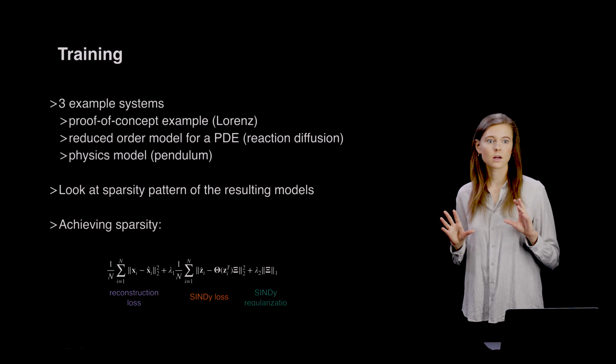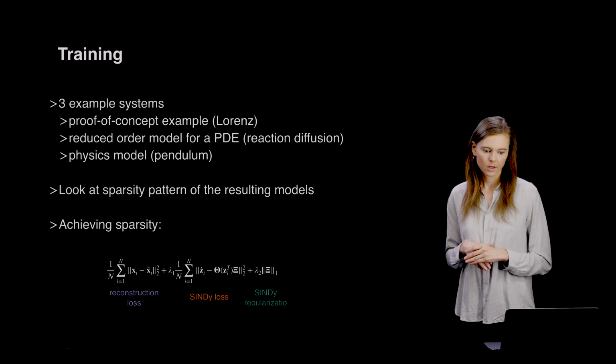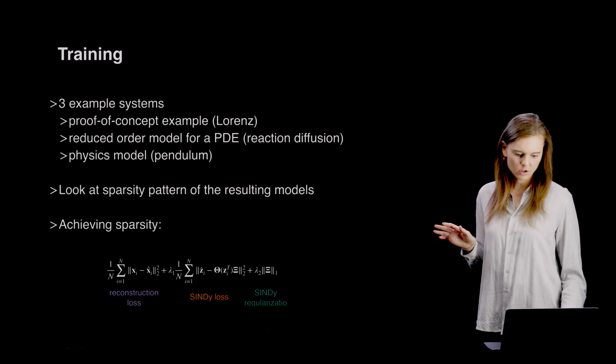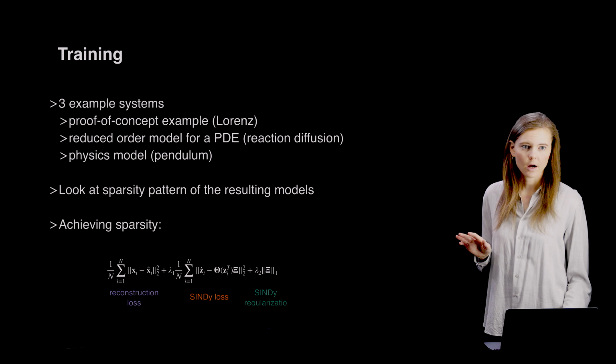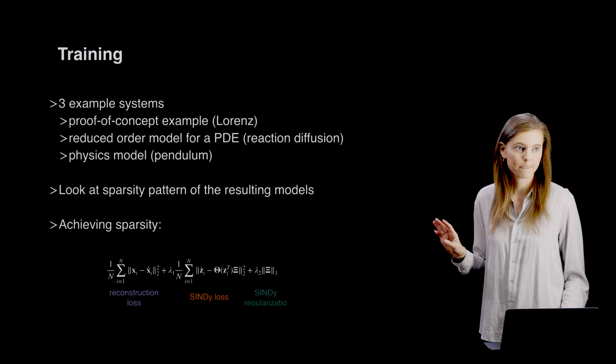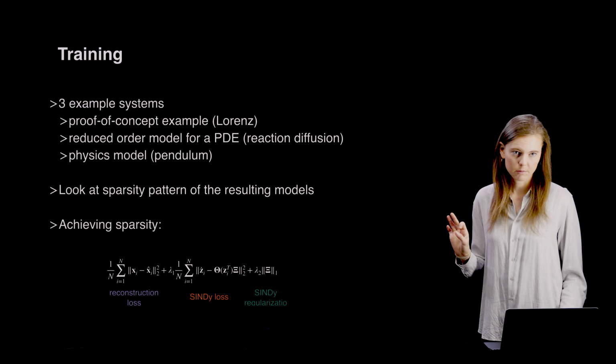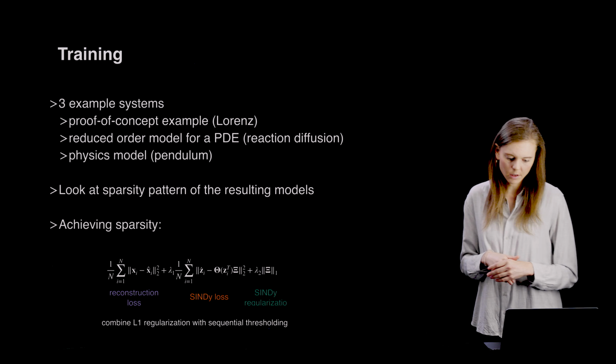So in order to achieve this, we use an additional method in our training called sequential thresholding. So here I have our loss function shown here. We use this loss function to train and encourage getting a SINDy model with many coefficients that are close to zero.